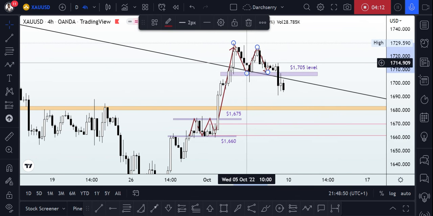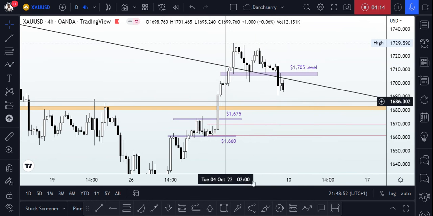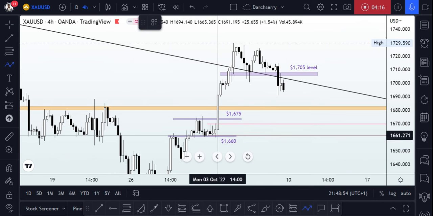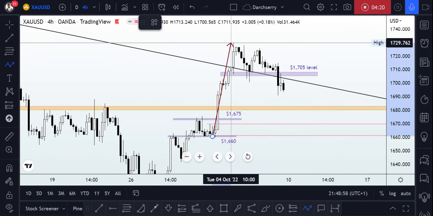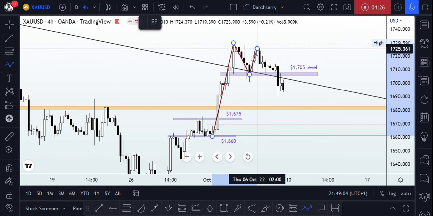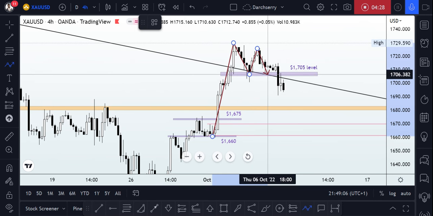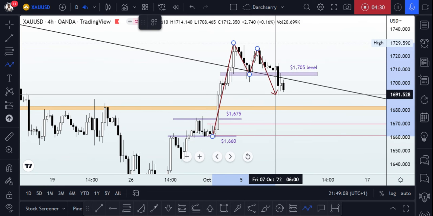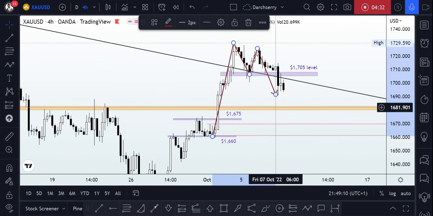So look at what we have here. We saw this impulsive move last week, right from the $1,660 level into the $1,730 area, evolving into a double top structure. And then we saw price break down the neckline at the $1,705 area during the later part of last week.